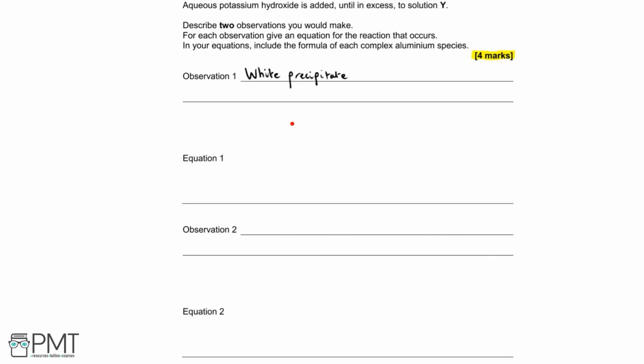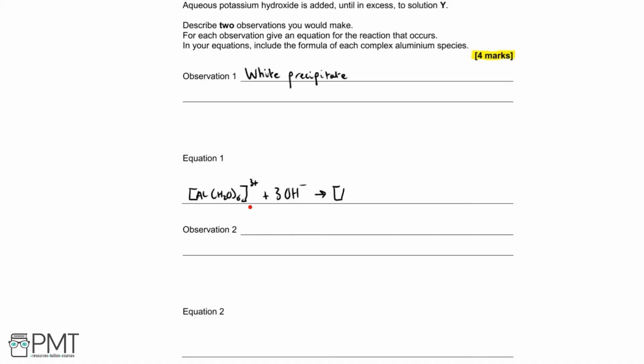What we will see is that our aluminium hexaaqua ion, that's our Al(H2O)6, which is a 3+, is going to be neutralized by 3 hydroxide ions to cause 3 of our water ligands to lose hydrogen ions, so we form hydroxide ligands, so we get a neutral aluminium compound, which is going to be our precipitate.